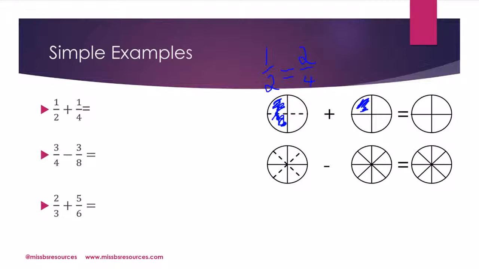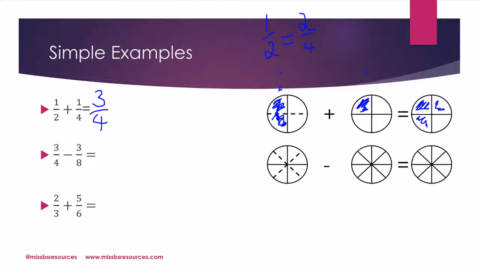So in total, when we're doing 1/2 add 2 quarters, I've got 1, 2, 3 quarters. So in my final diagram, I'm going to colour in 1, 2, 3. So my answer of 1/2 add a quarter is 3 quarters.